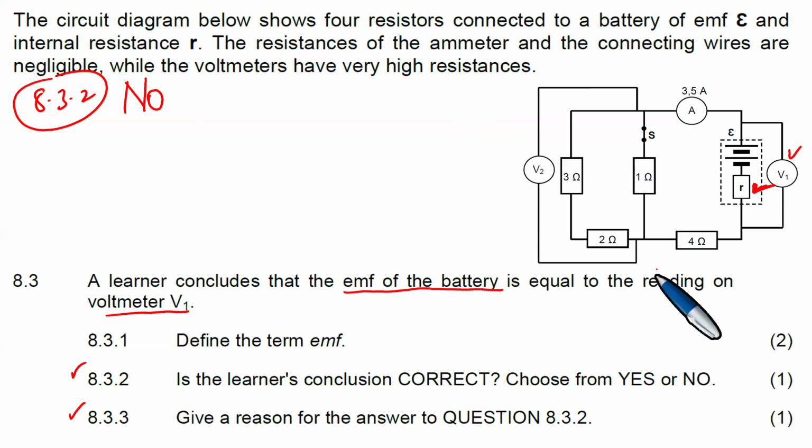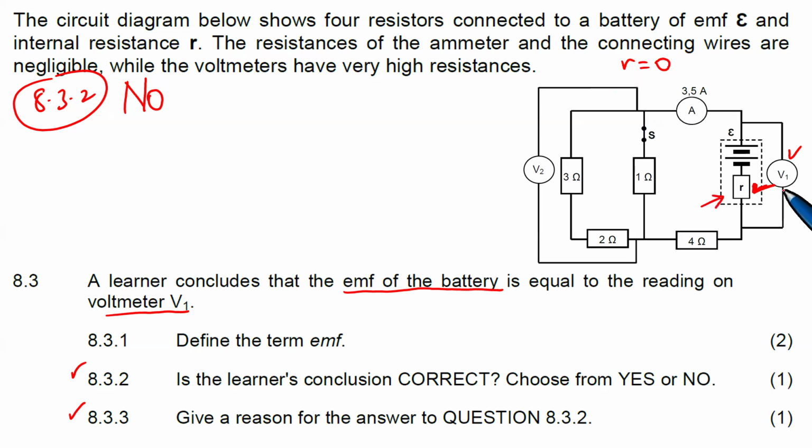Okay, good. So in other words, it measures the greatest EMF, the greatest potential difference you can get. But if the R is zero, then it will measure the accurate EMF. I get what you're saying.